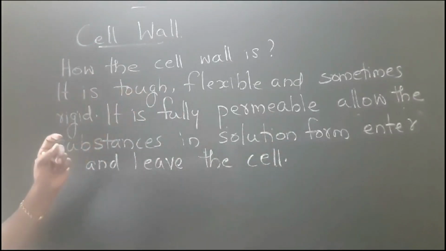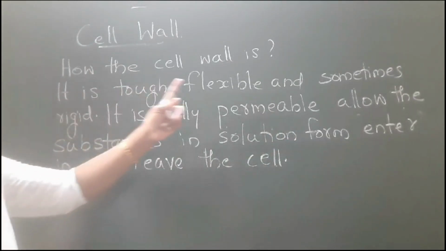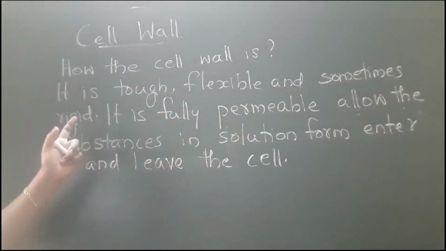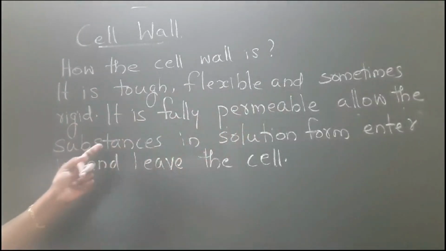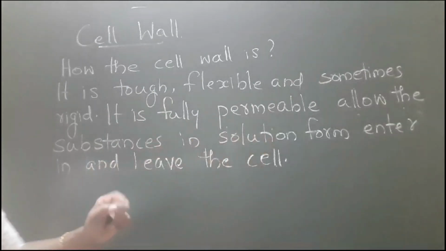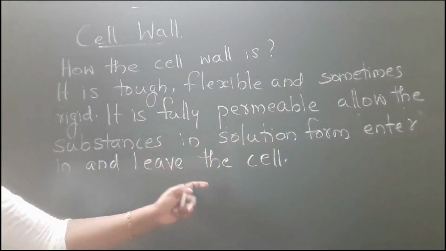How is the cell wall? It is tough, flexible, and sometimes rigid. It is fully permeable. It allows the substances in solution form to enter in and leave the cell.